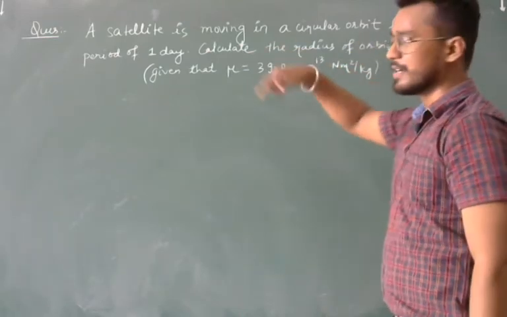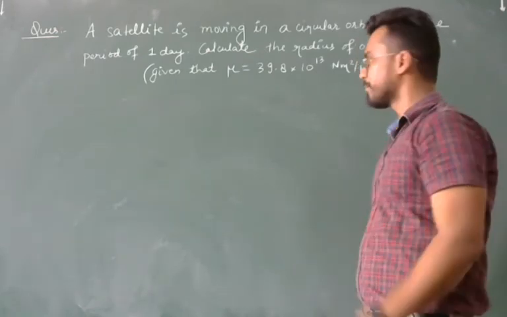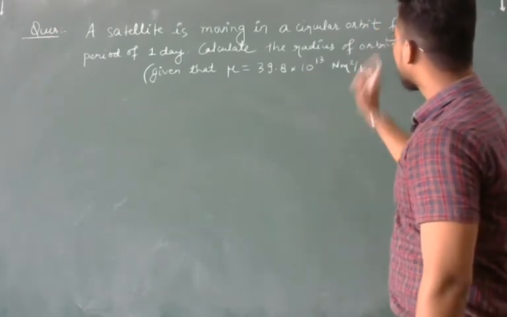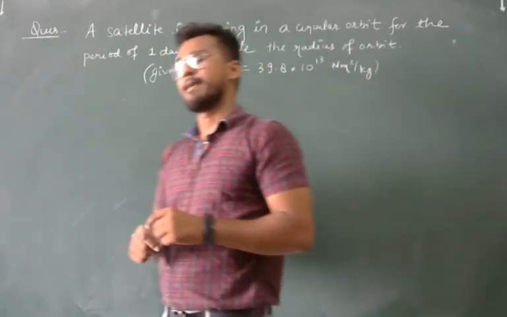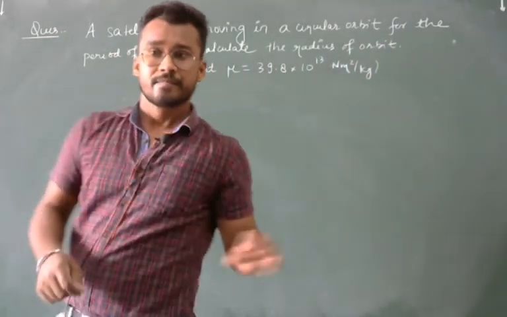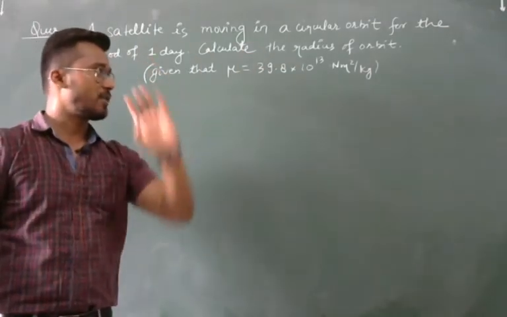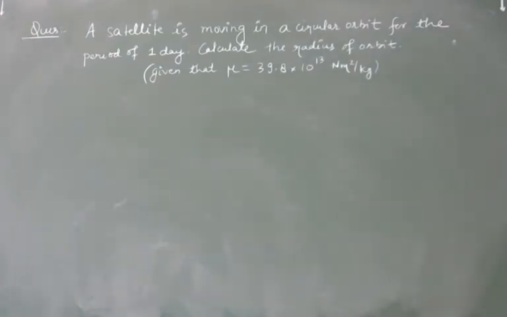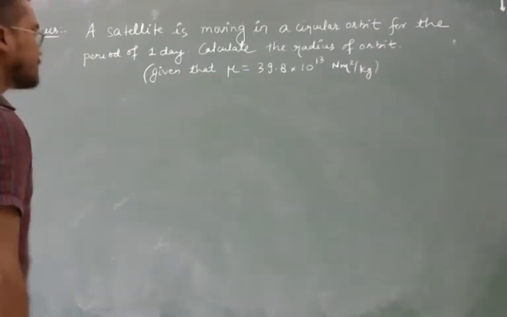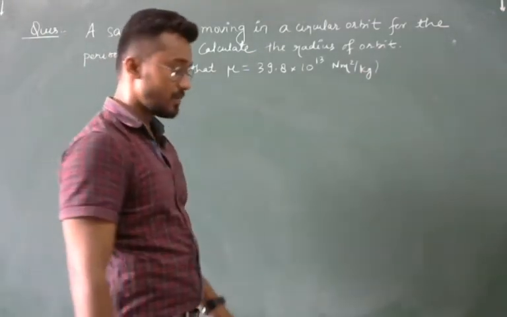For the period of 1 day, in the duration of 1 day the satellite is moving circularly. So what we have to calculate is the radius of the orbit. The given is mu, 39.8 into 10 to the power 13 Newton meter square per kg. So just think over it and let me know how you can solve this numerical.